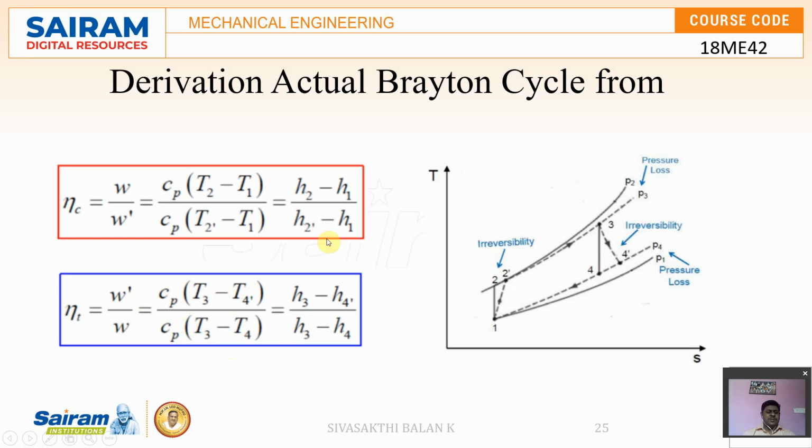The ratio of these two is the isentropic efficiency of the turbine.